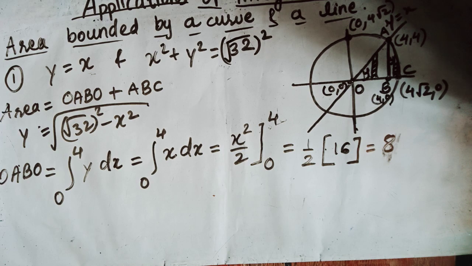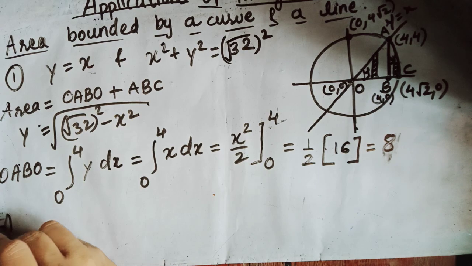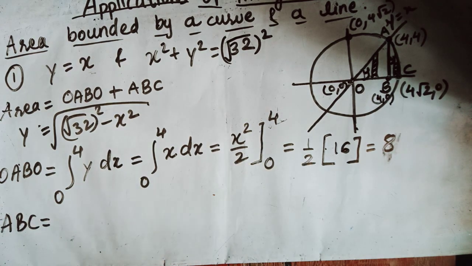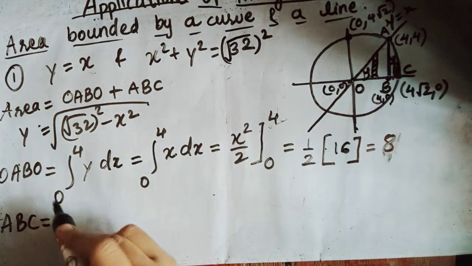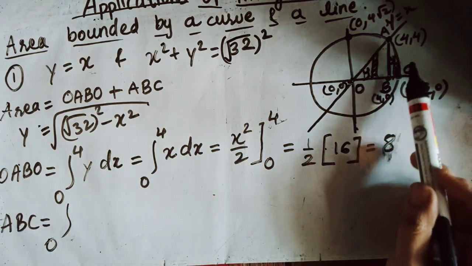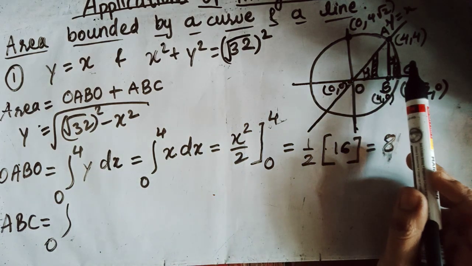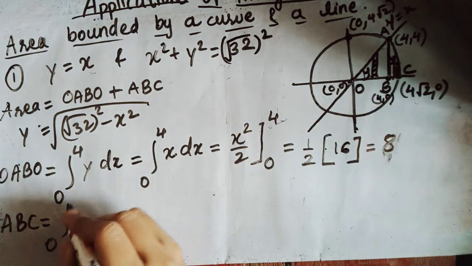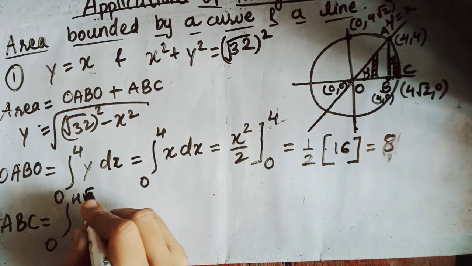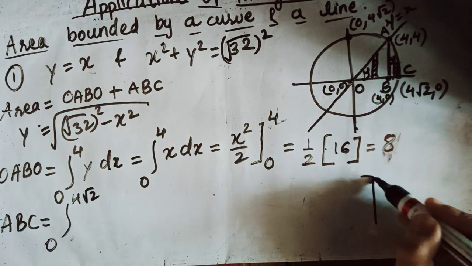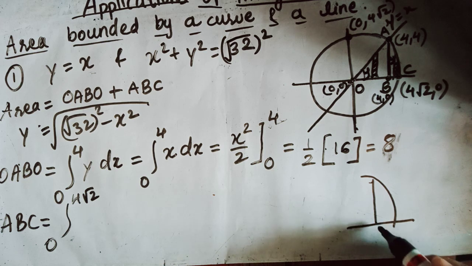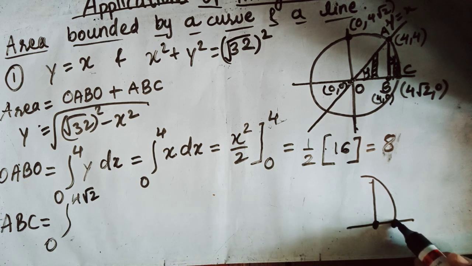Now you have to find the area of ABC, right? Now you are considering the circle part, that is the curve part. Again you are considering the y strip, and the x is moving from this point to this point.